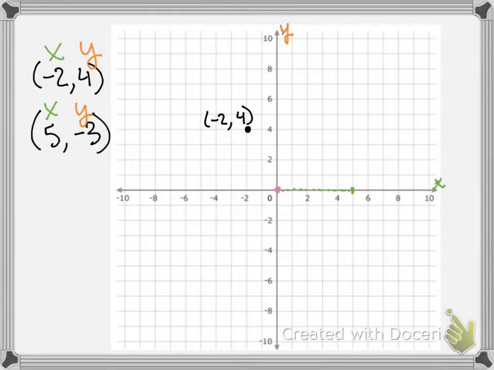All right, and then my y is -3. So I'm going to start at the origin. On the y-axis, I need to go down this time because I am looking for -3. And I know that -3 is in between -2 and -4 right there. And I'm going to draw my lines. So here is my first guideline.